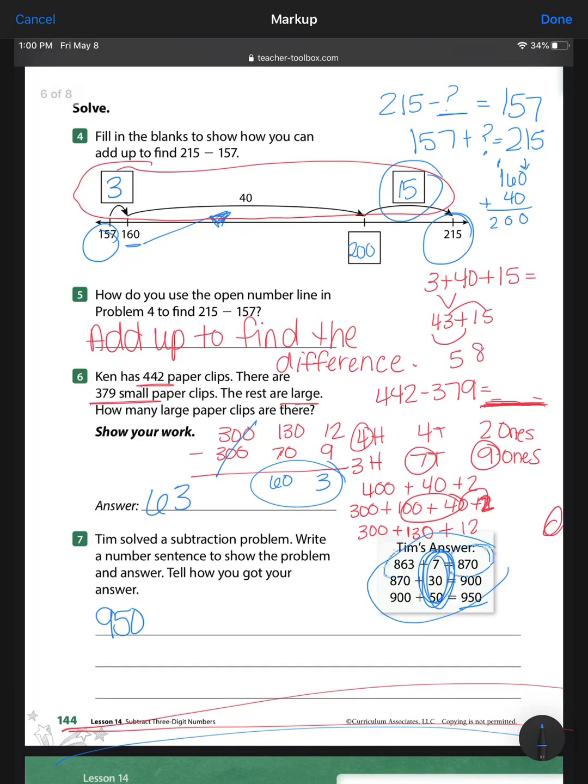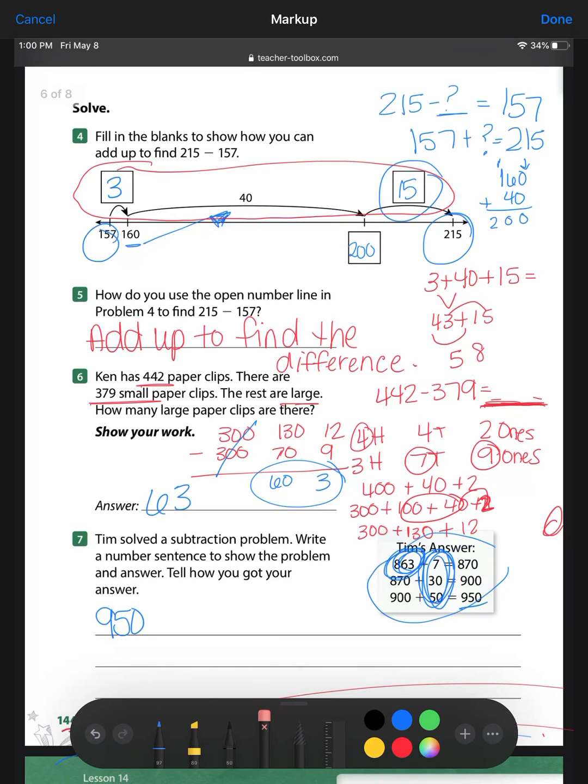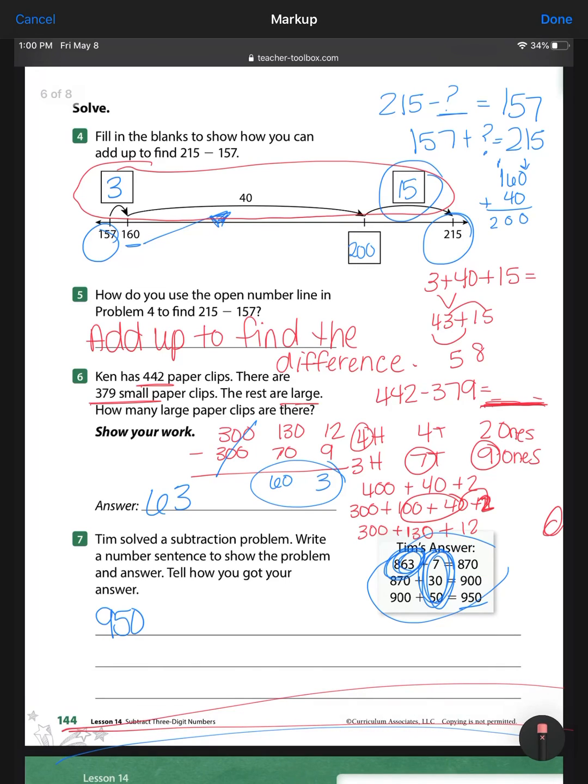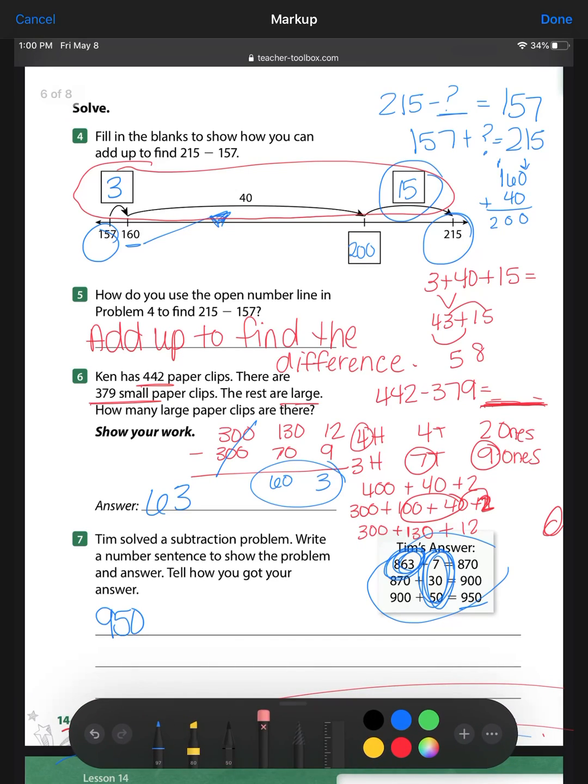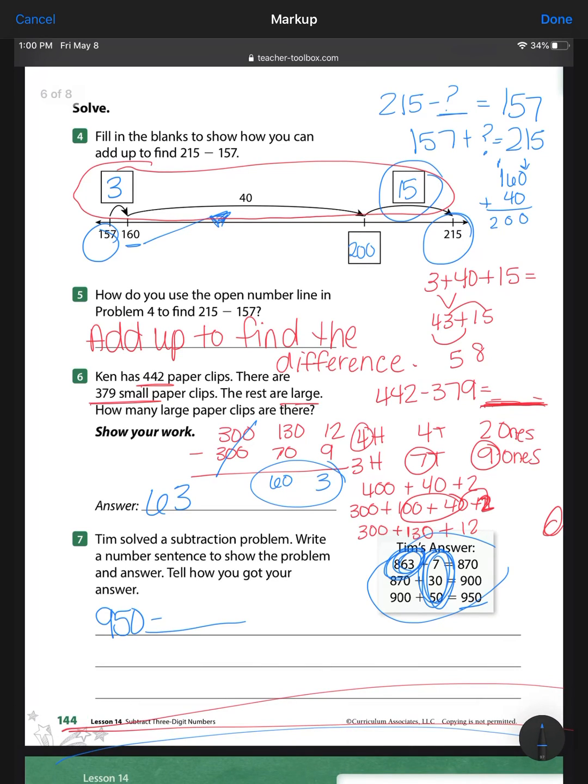Then he subtracted to find 863. Okay, so he subtracted some to find 863 because this is our smallest number and this is our biggest number, and then we're going to add 7 plus 30 plus 50 to figure out what he subtracted.